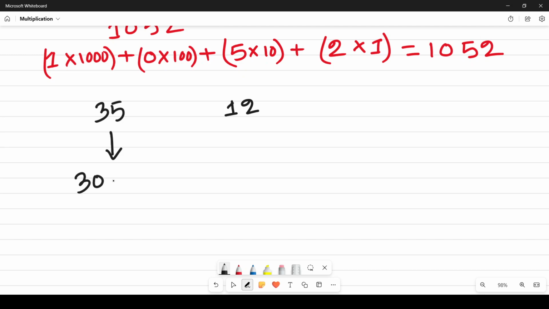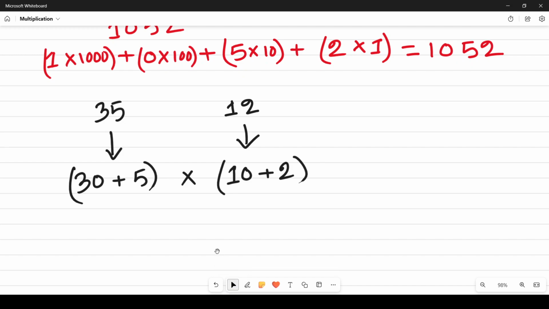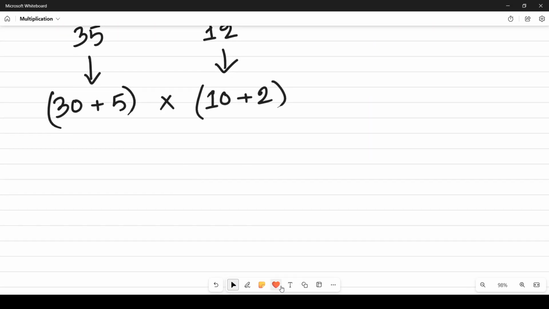We get 30 plus 5, and for 12 we get 10 plus 2. Now imagine we are multiplying these two numbers, like this, by splitting them up.